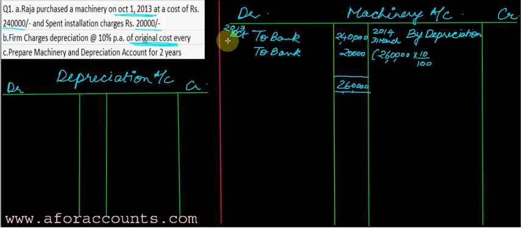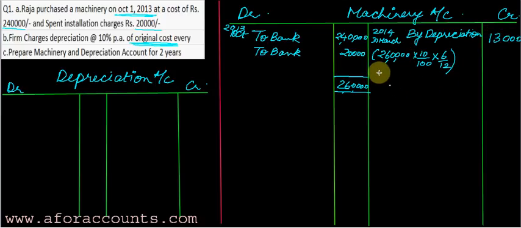So if it is purchased in April, May, June, July, August, September, till September end, you get the full depreciation. But from 1st October to 31st March, that is the last 6 months, you get only half the amount of depreciation. That is 6 months out of 12 months. So 6 by 12, and that comes to 13,000. So 13,000 is our depreciation.